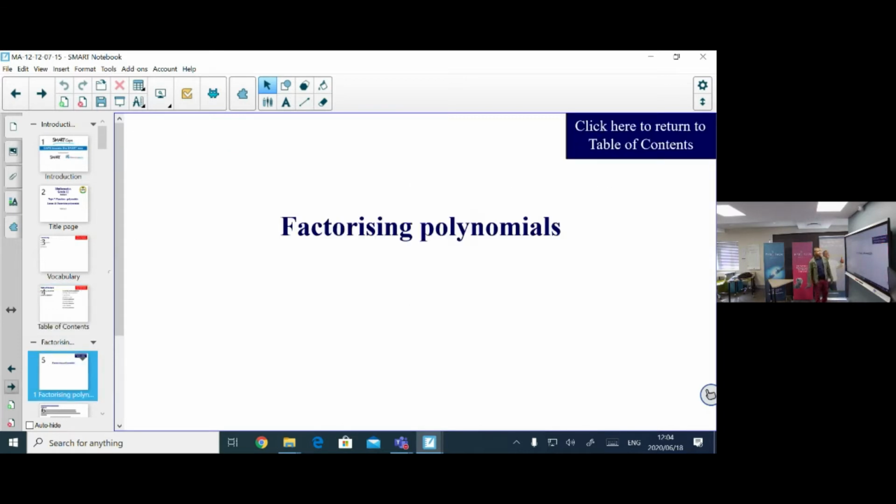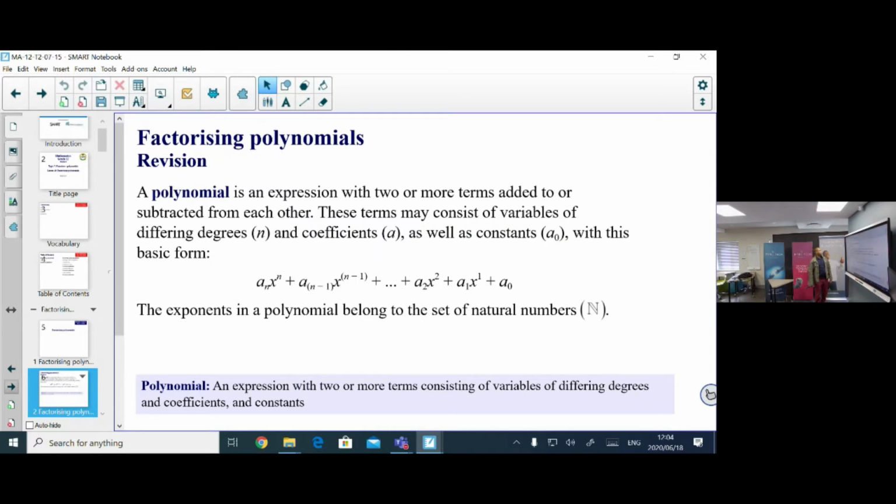So let's see how we can factorize a polynomial. So this is our general polynomial. It looks like a times x to the power n plus another constant term times x to the power n minus 1, and so forth.